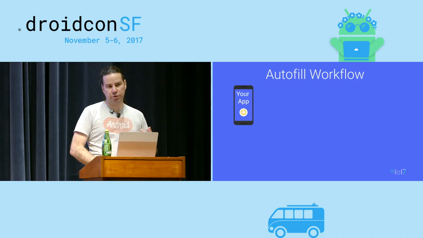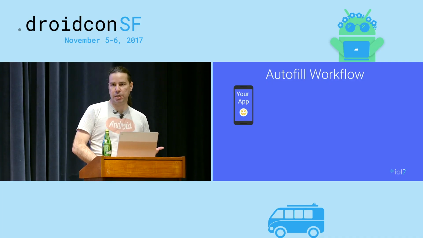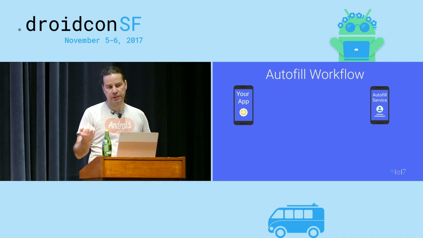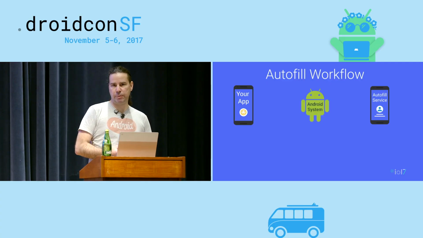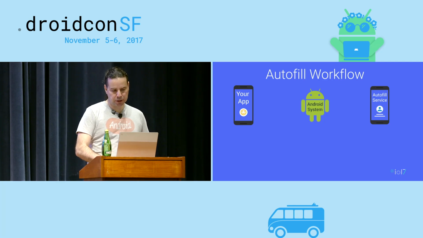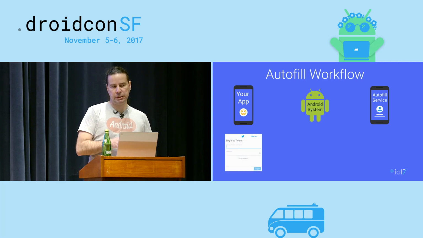On one hand, you have your application, which is the application that's going to be autofilled. On the other hand, you have an autofill service, which is the application that has the user data, like a password manager or autofill with Google. And then in between them, we have the Android runtime system, which is a mediator required for performance, security, and privacy reasons.